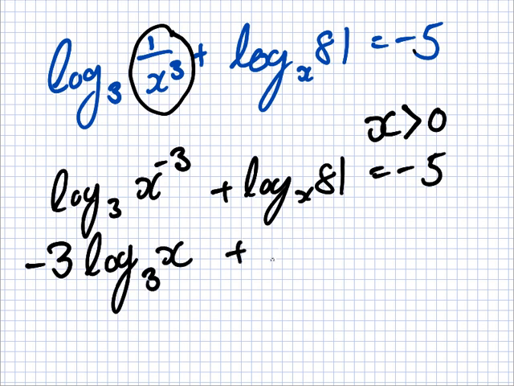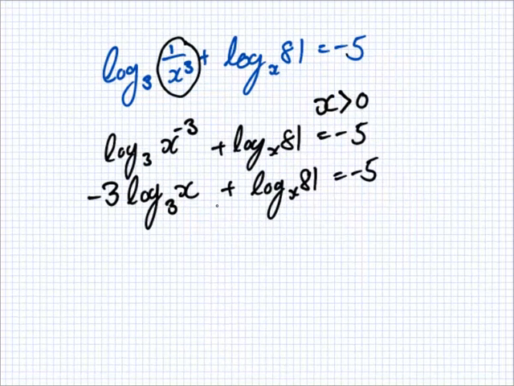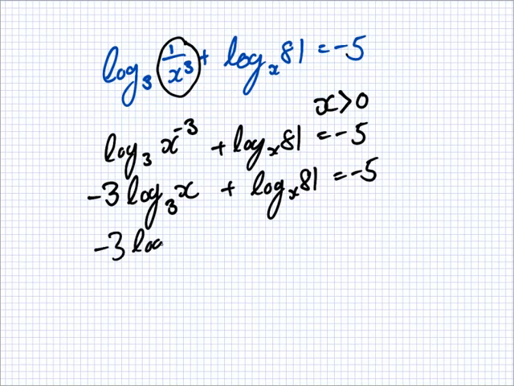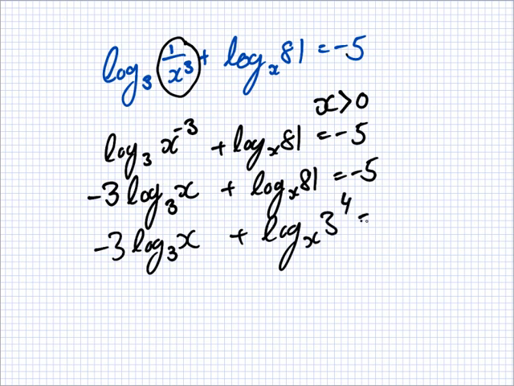Also, I think I'll change that 81 as well. What could I change the 81 into? 3 to the power of 4, isn't it? So that's log x of 3^4. You can kind of see what probably is going to happen next. The 4 comes out.